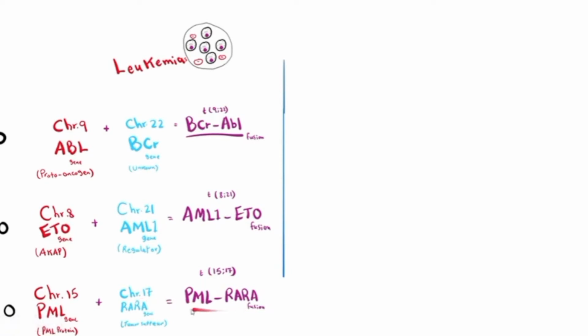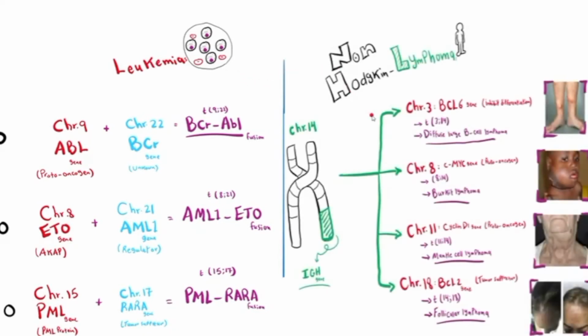Also you'd guess that the fusion between those will inhibit this tumor suppressor. So now the cancer cells would be able to proliferate more freely, right? Leading to or facilitating the development of leukemias. Right? So let's switch gears to the non-Hodgkin lymphomas.